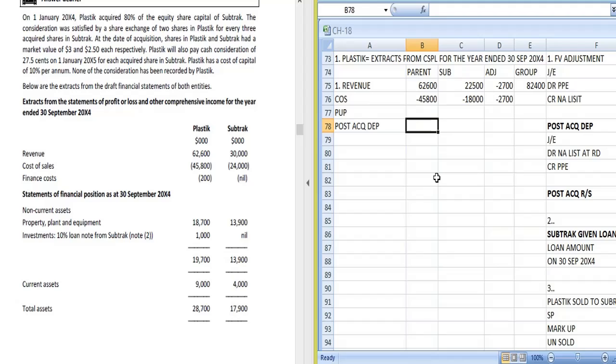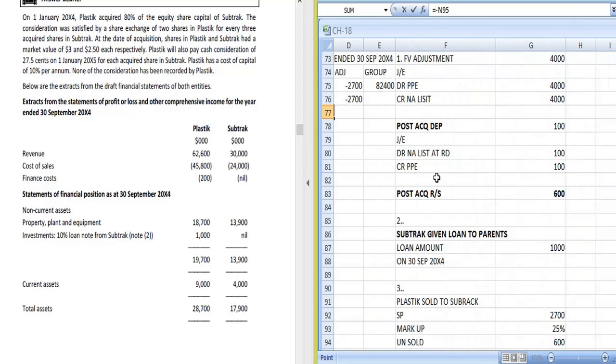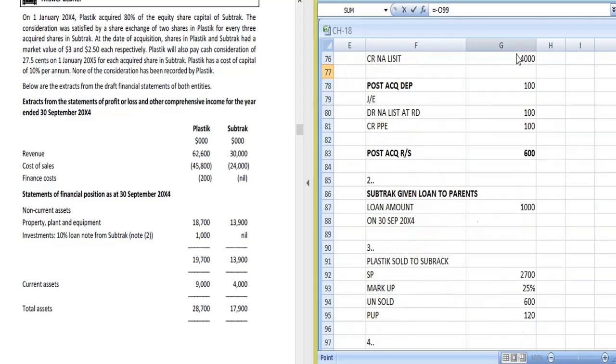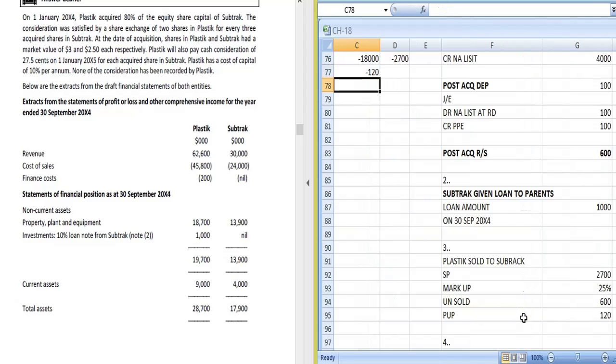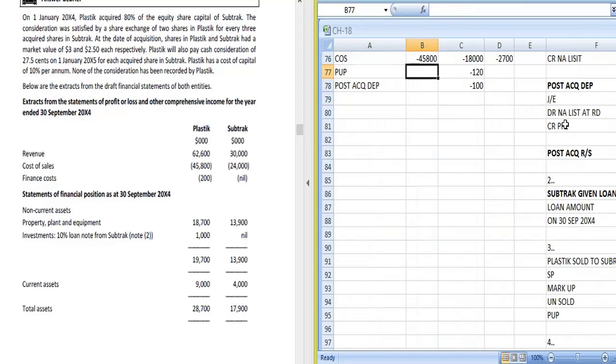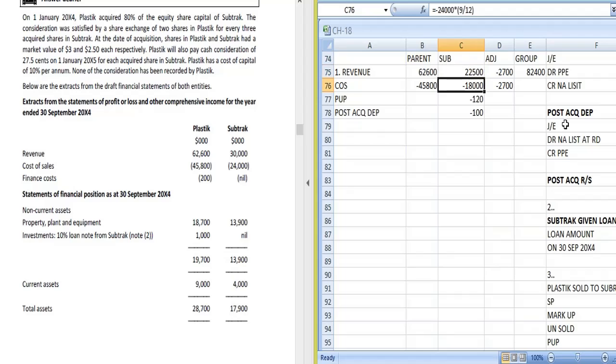Okay. So here the PUP amount, we have calculated here, PUP, and post-acquisition depreciation is 100. So what is the cost of sales?